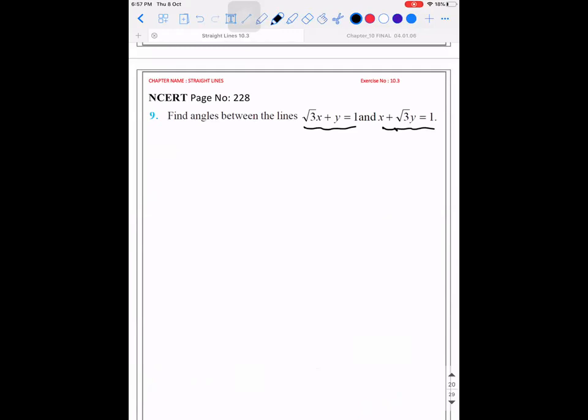So for you to find the angle between two lines, what are we supposed to do first? What are we supposed to do?